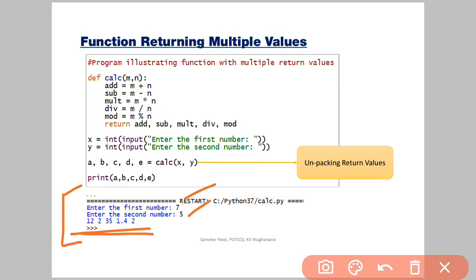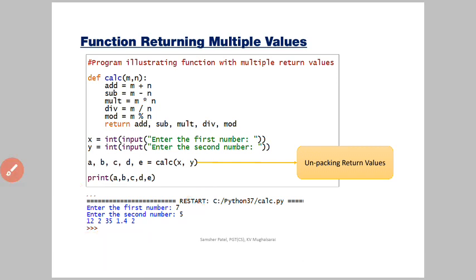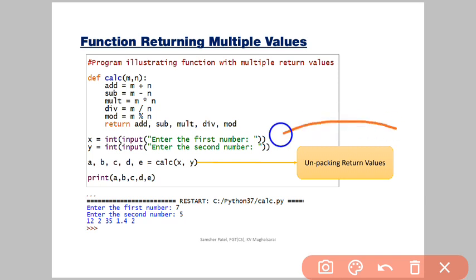That means these are the value of a, b, c, d and e respectively. This type of storing of values after calling such a function is known as unpacking return values.